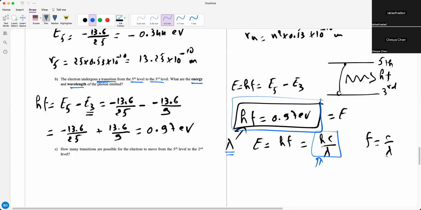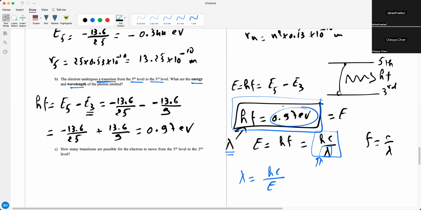Because the frequency is c over lambda. So now I want to calculate lambda. Lambda will be equal to hc divided by the energy that I just found, right?